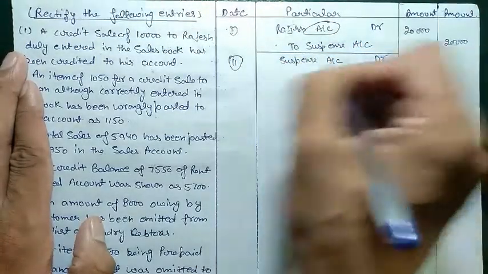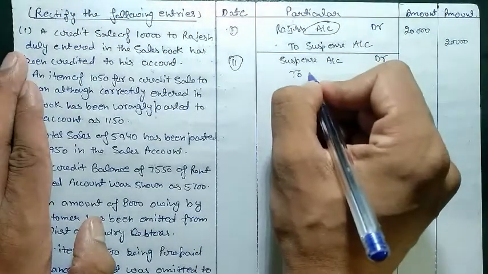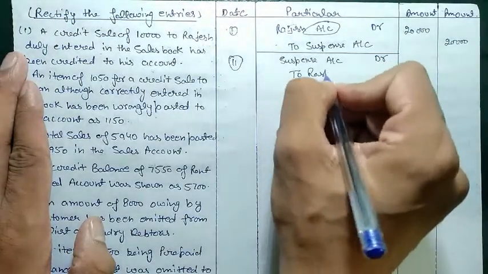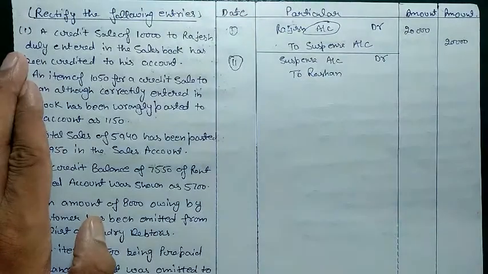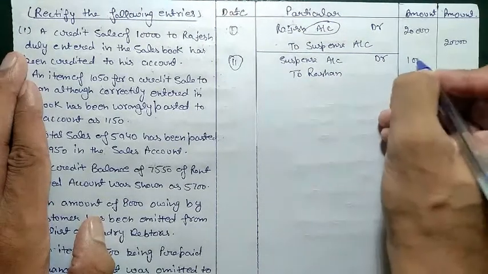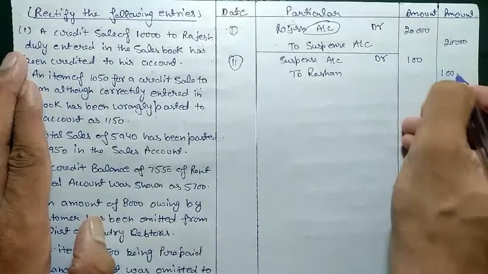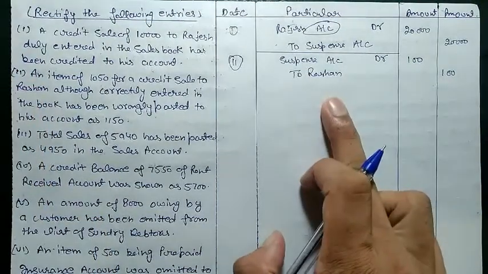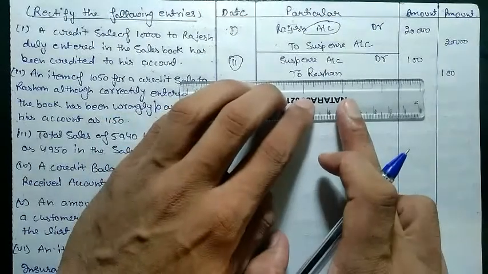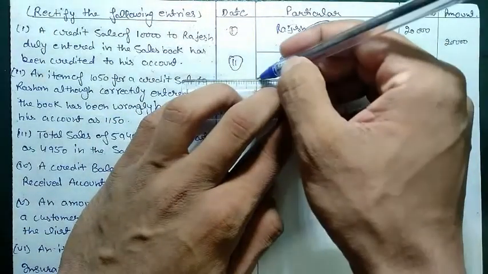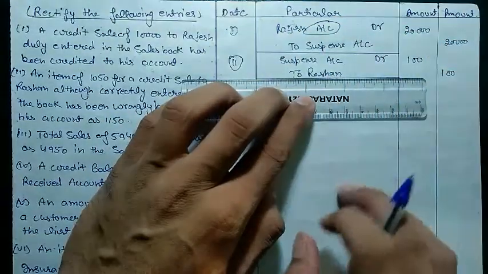Debit to Roshan. How much money have we increased on his debit side? By 100 rupees. So we will credit Roshan by 100 rupees, because we have debited Roshan more by 100 rupees.